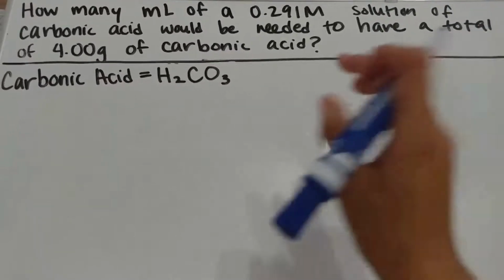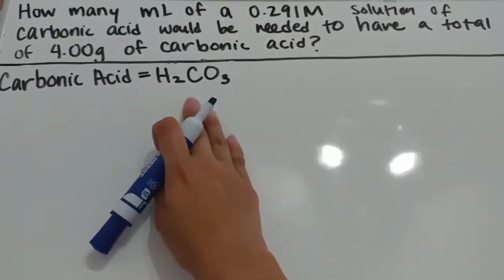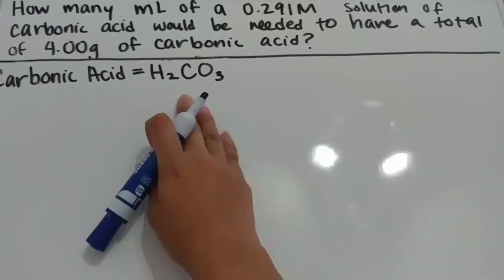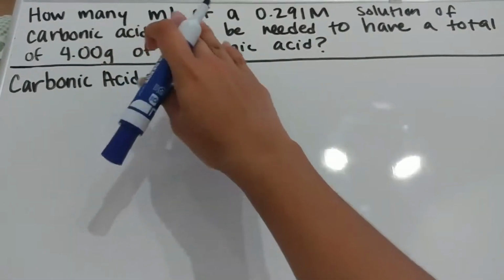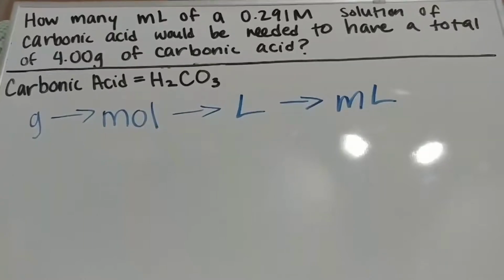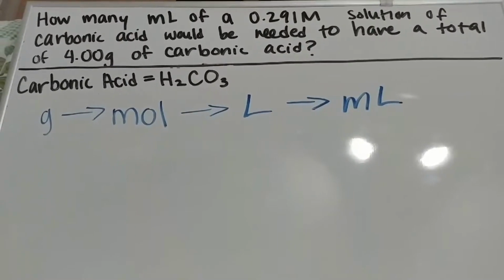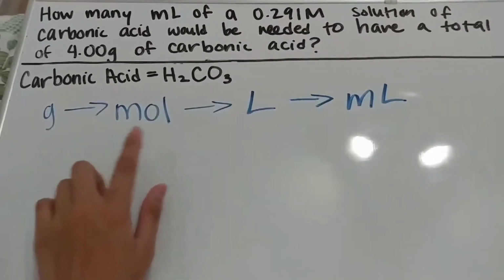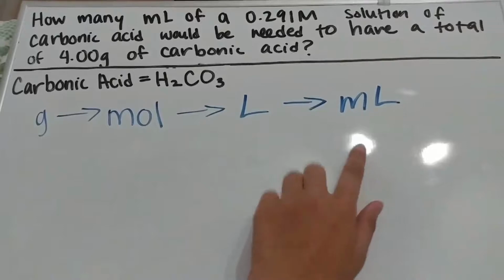So now that we know that carbonic acid is H2CO3, we can write down a conversion plan of the units that we need in order to get milliliters of carbonic acid. Okay, so I have written down the conversion plan, and it goes from grams to moles, then moles to liters, and then liters to milliliters.